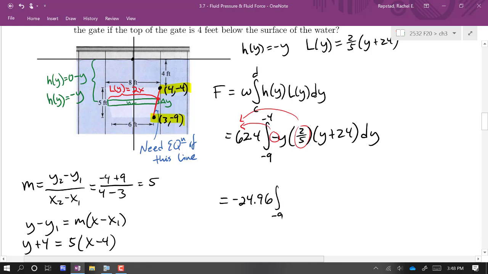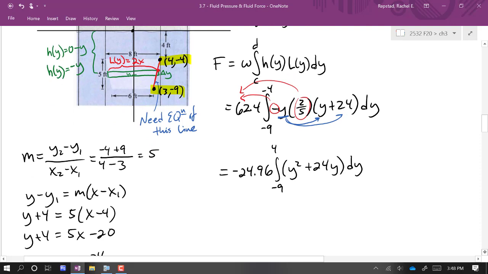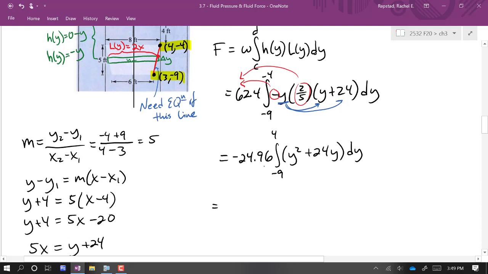And we're integrating from -9 to -4. And then I'm going to take this factor of y and distribute it. So I get y squared plus 24y. Now we know how to integrate this. We've done the hard part. The hard part is usually setting up the integral, and that did take quite a bit of work. The integral itself is simple enough since it's a polynomial.